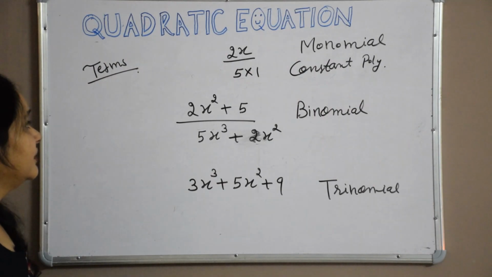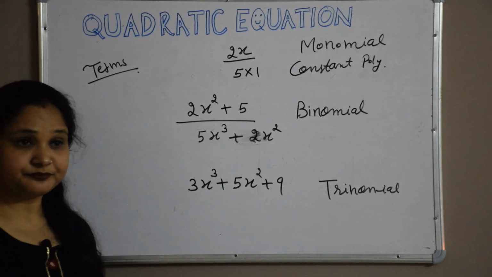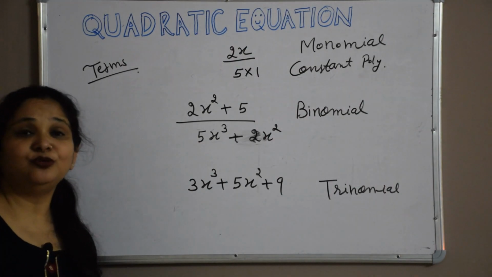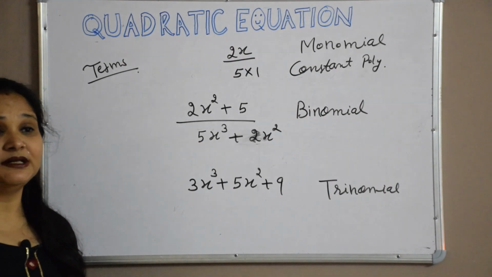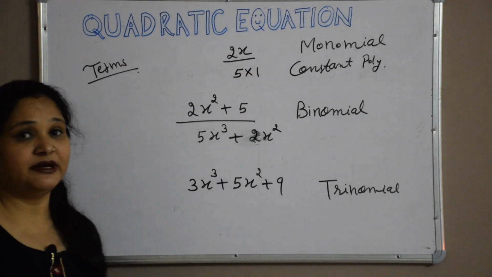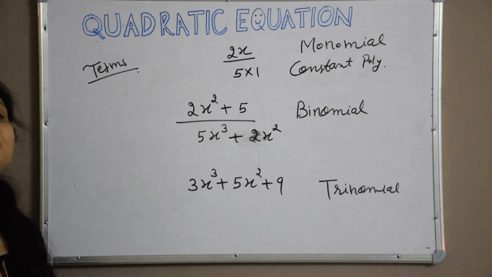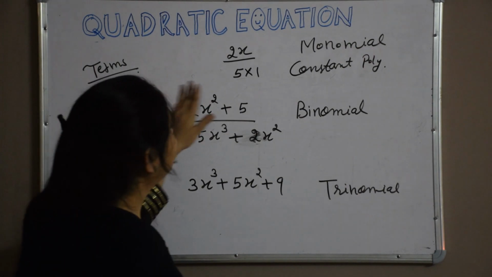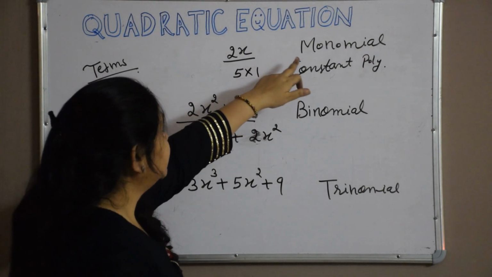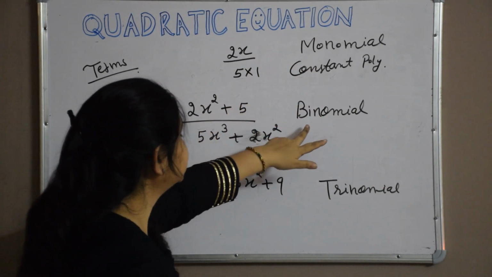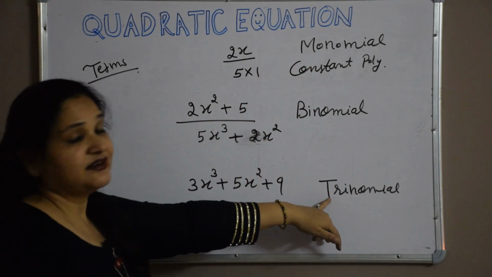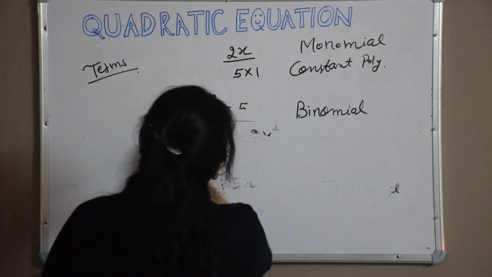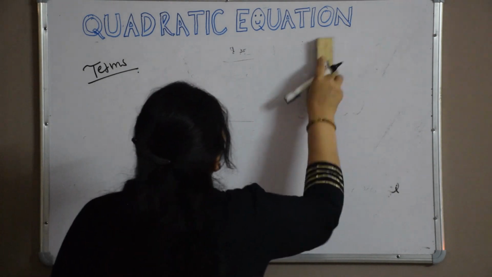If we are talking about degree, there are polynomials like linear polynomial, quadratic polynomial, cubic and biquadratic, and afterward we can say a polynomial of degree n, polynomial of degree 10. On the basis of terms, a polynomial having a single term is monomial, having two terms, binomial, having three terms, trinomial. These are the specific names.